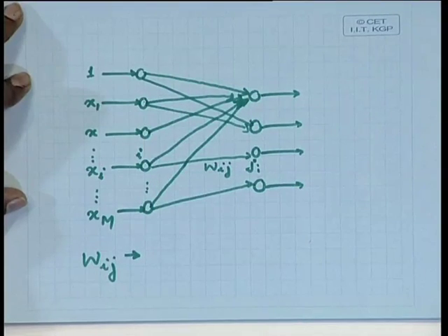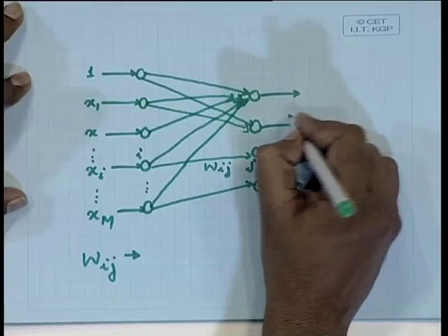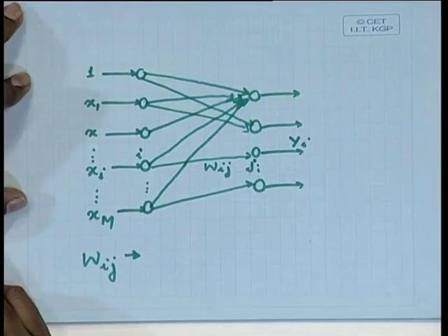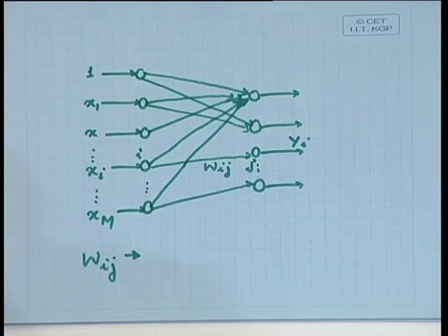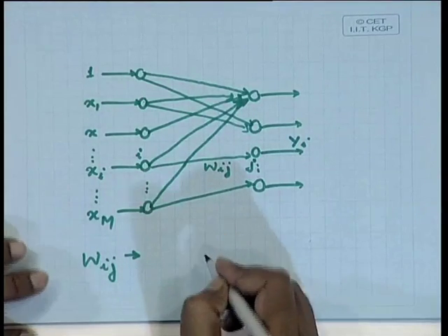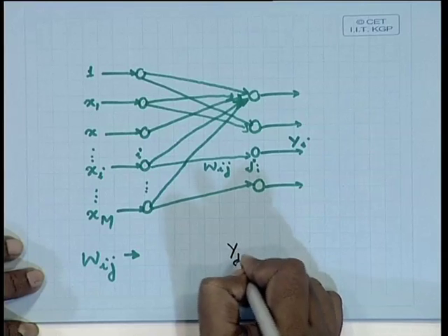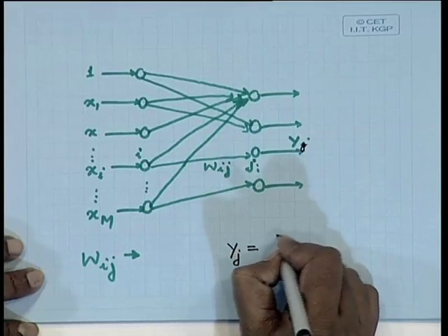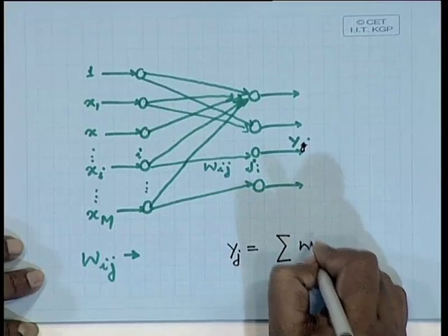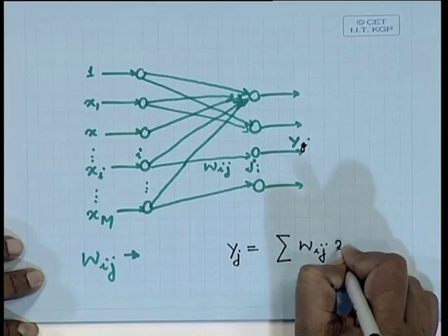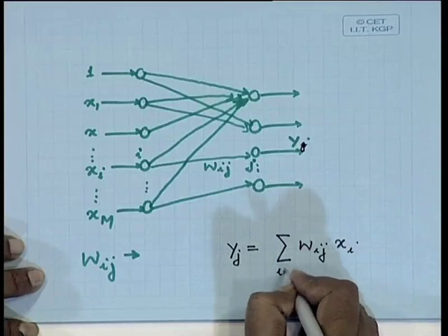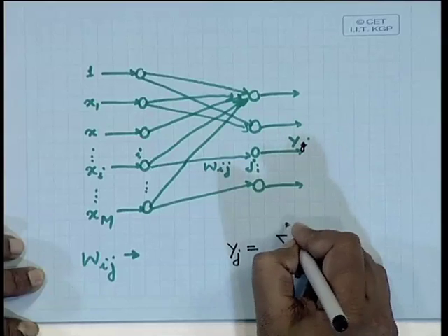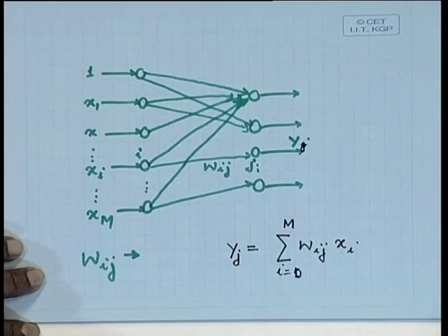Accordingly, if this output I say Yj, then Yj will be nothing but the summation of Wij Xi, with I varying from 0 to capital M.